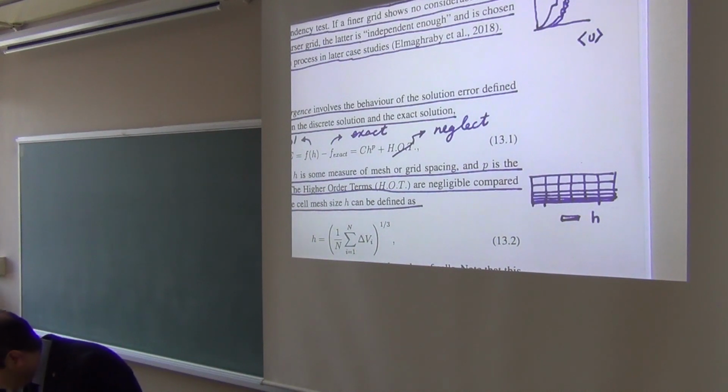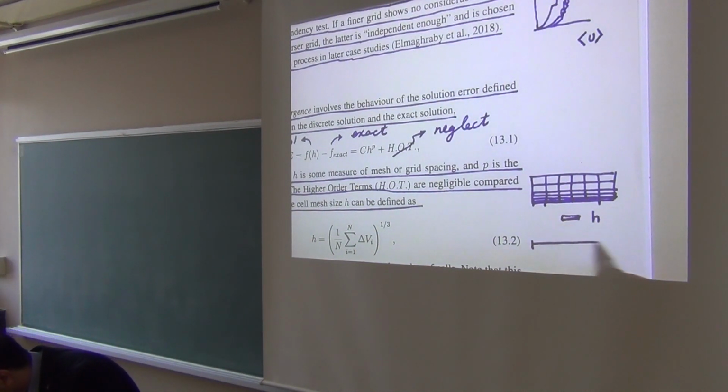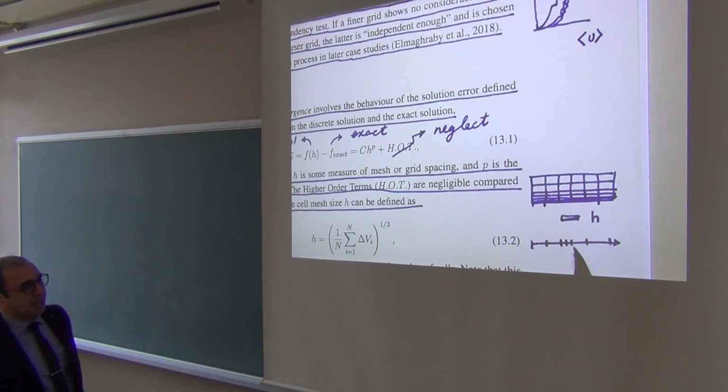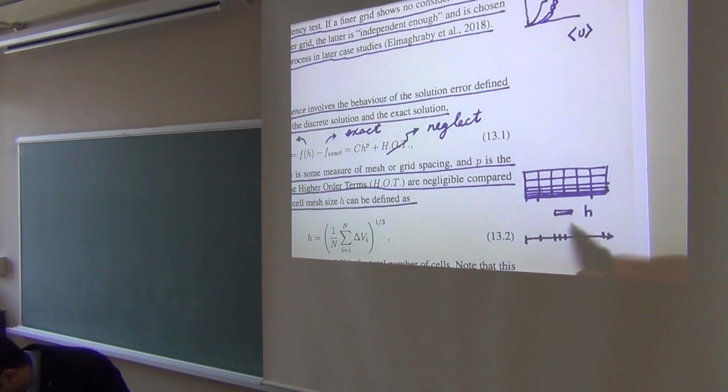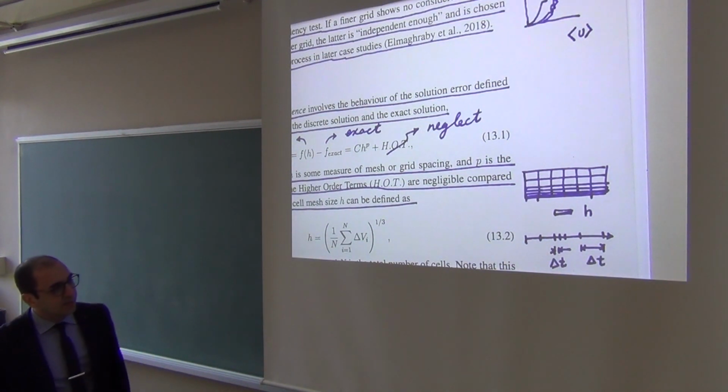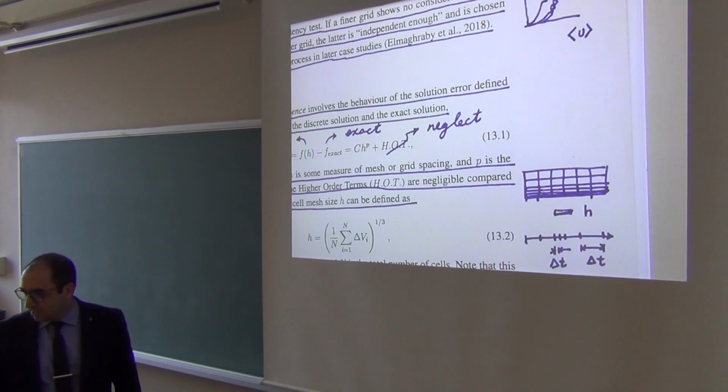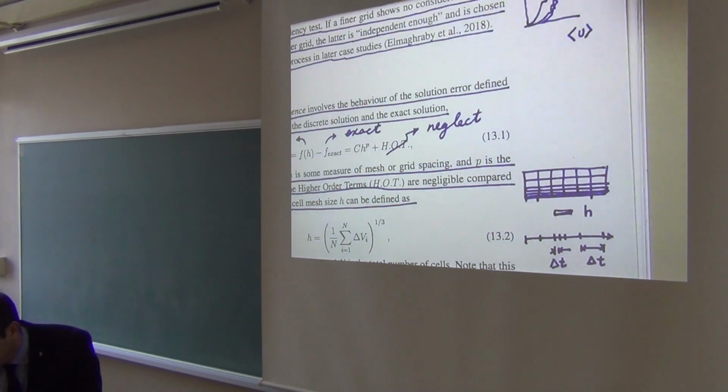Same concept exists over time. You might think a time march may have variable time stepping, right? In fact, the time stepping can change. You might have a very small time step here, and then a large time step here. Likewise, you can take the average of all these time steps and calculate the representative time step.